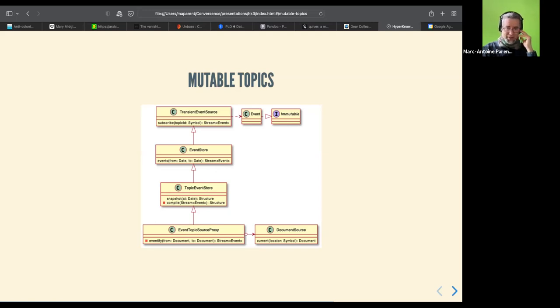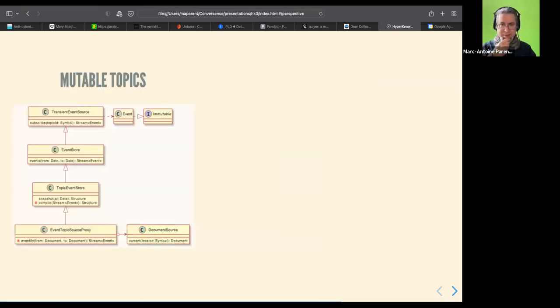And that's fine. The point is to be able to think of mutable topics as being expressed as events as much as possible, because it makes thinking about mutability easier in many ways.